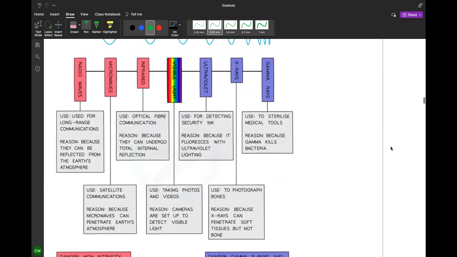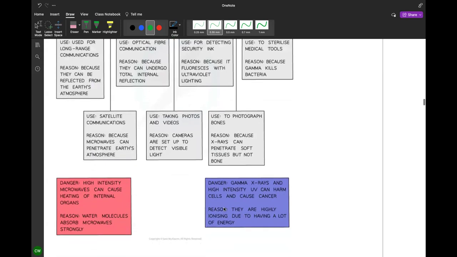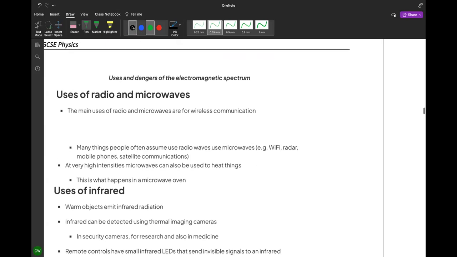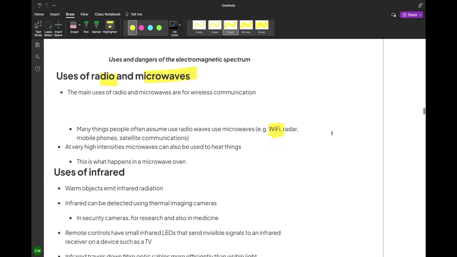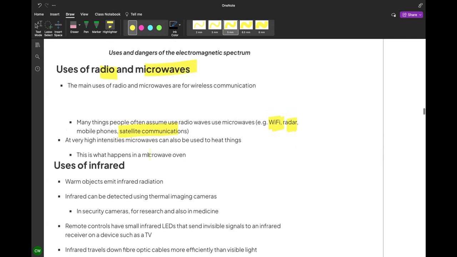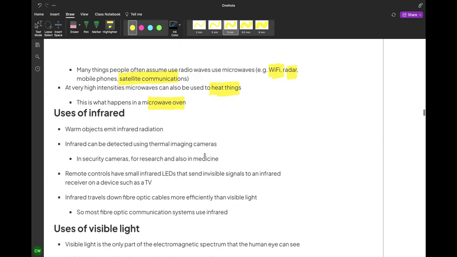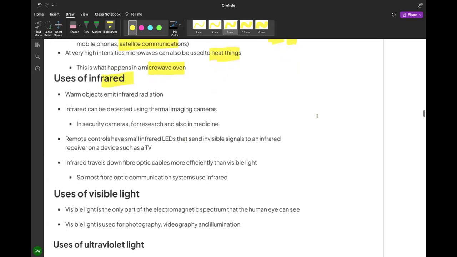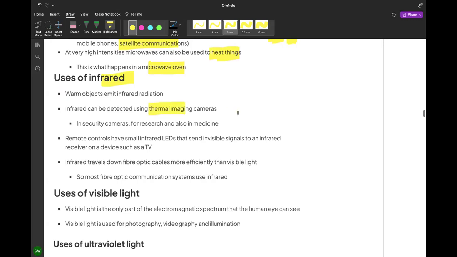Okay, so this is a thing you can go and read more. This one also you can read yourself. Radio wave, microwave, Wi-Fi, satellite communication, radar. Okay, then microwave is for heating the food. This is just an explanation for everything. Infrared, thermal imaging camera.